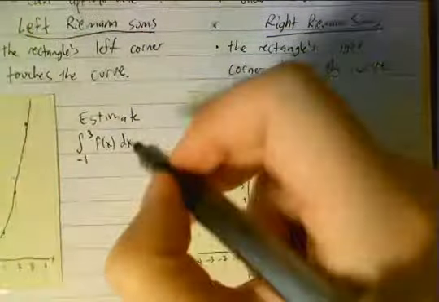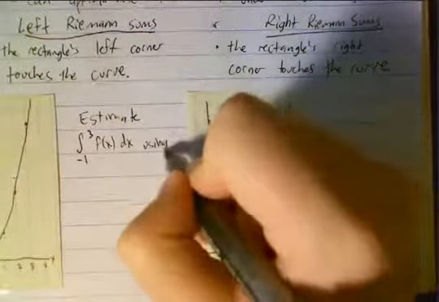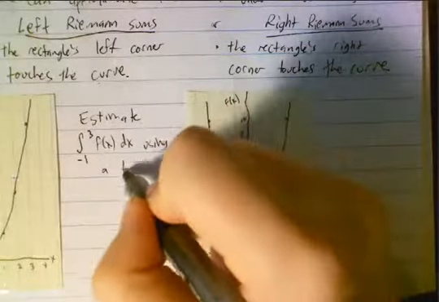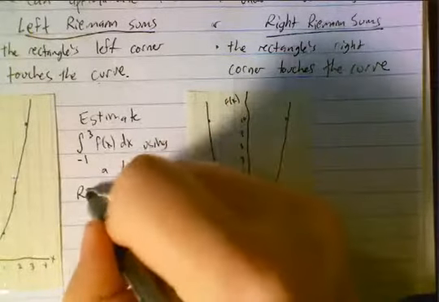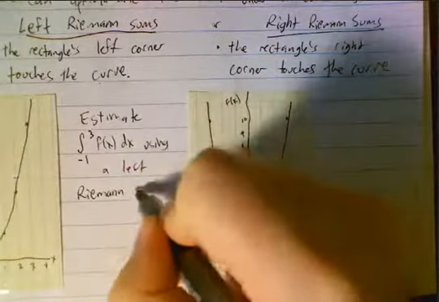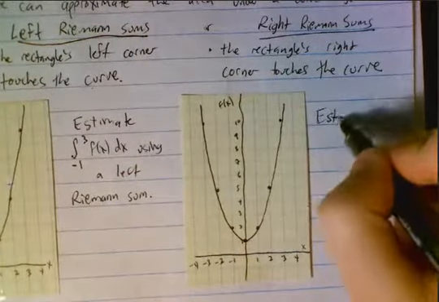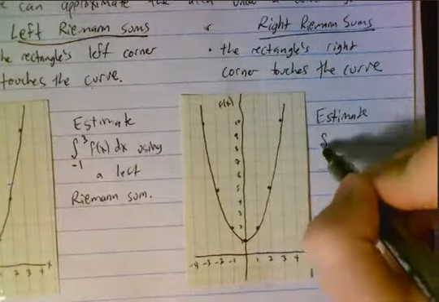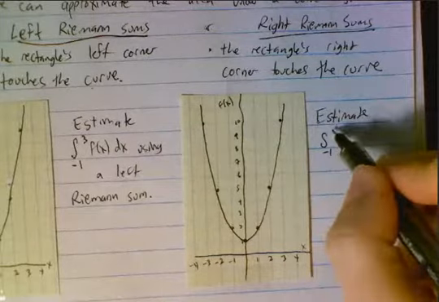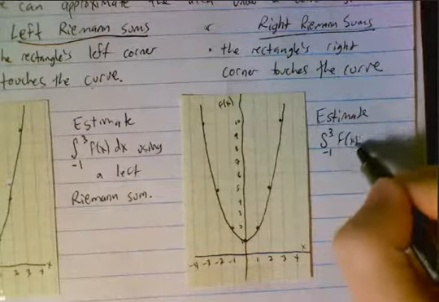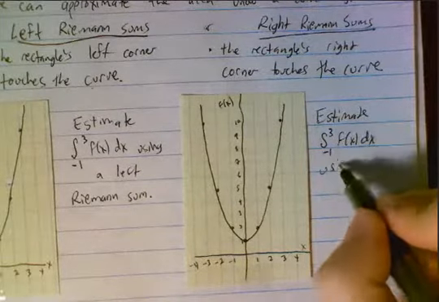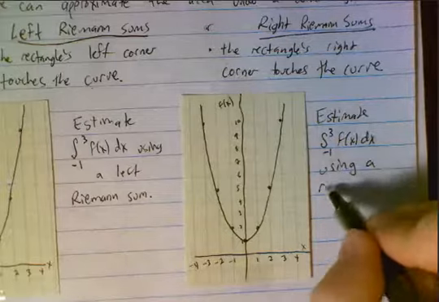This is f of x right here, and that will be using a left Riemann sum. And over here we're going to estimate the same thing, integral from -1 to 3 of f of x dx, but instead we're going to be using a right Riemann sum.